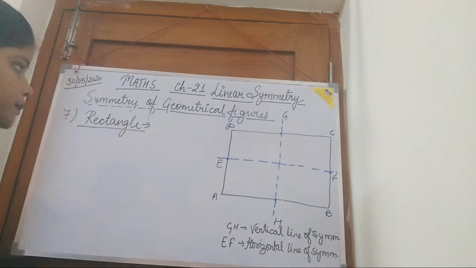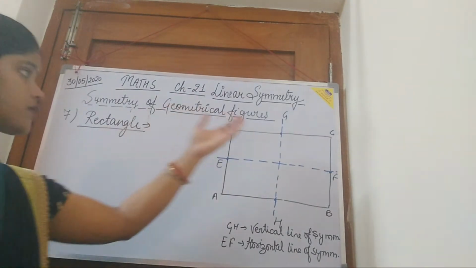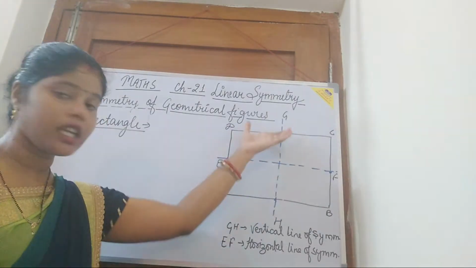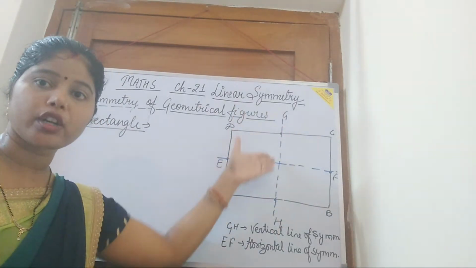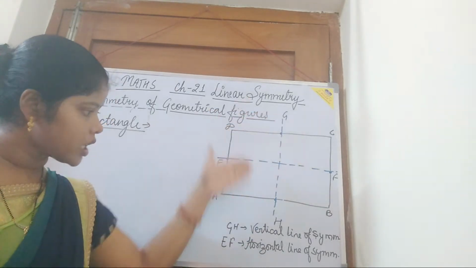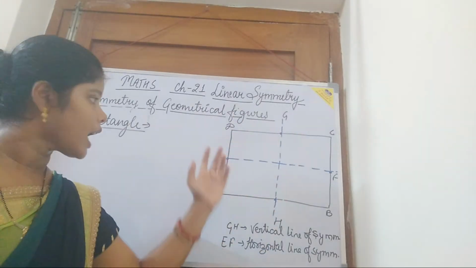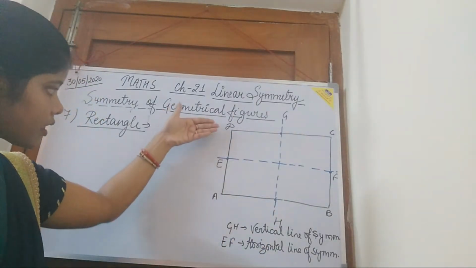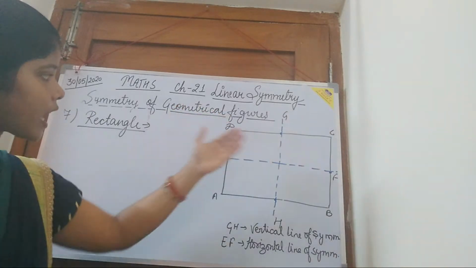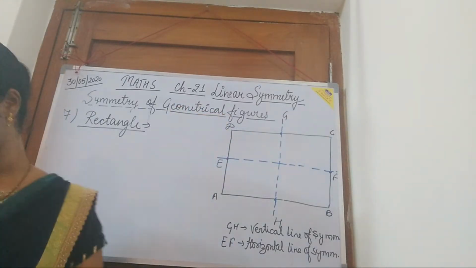So in a rectangle, we draw the line of symmetry through the midpoints of the opposite sides of the rectangle. Here GH passes through the midpoints of sides CD and AB respectively, and EF line of symmetry passes through the midpoints of AD and BC respectively.